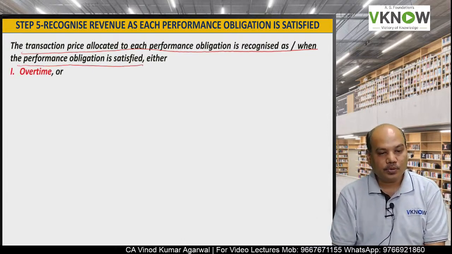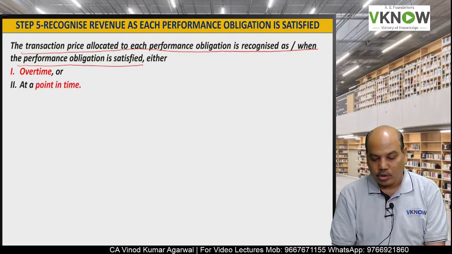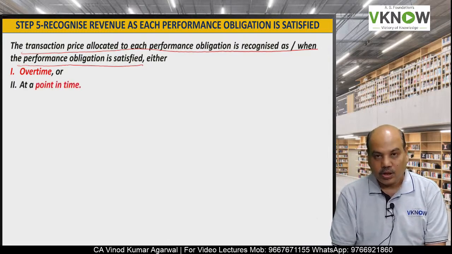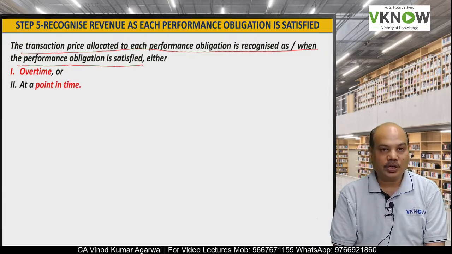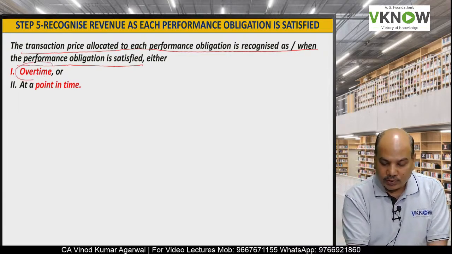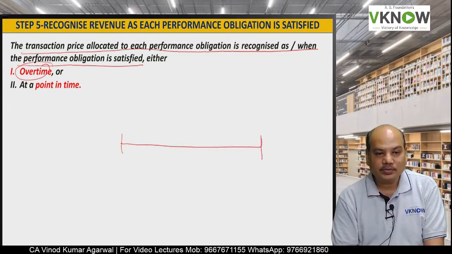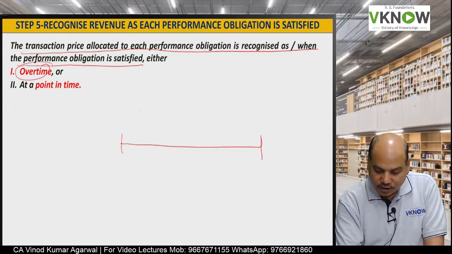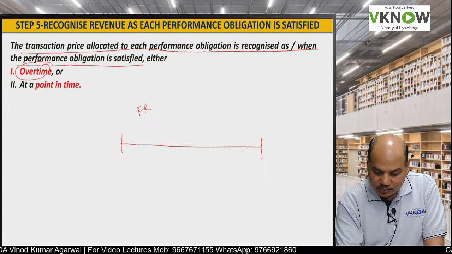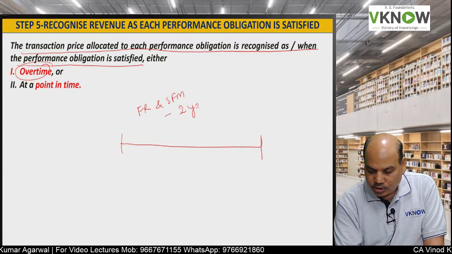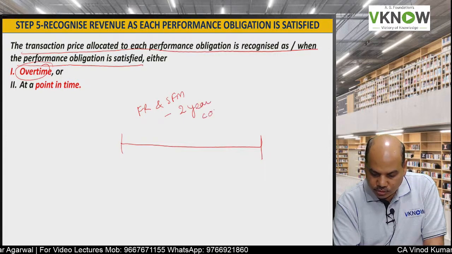Now there are 2 approaches here. One is called over a period of time and the second is called at a point in time. Over time means over a certain time period. Like I am teaching you FR and SFM, and suppose it is a 2-year course.